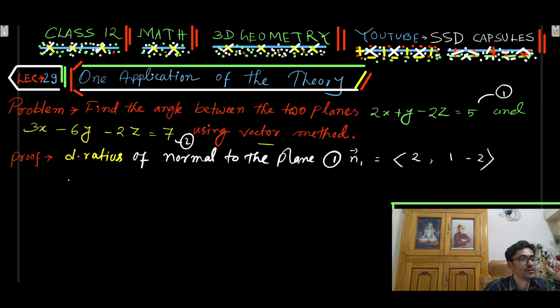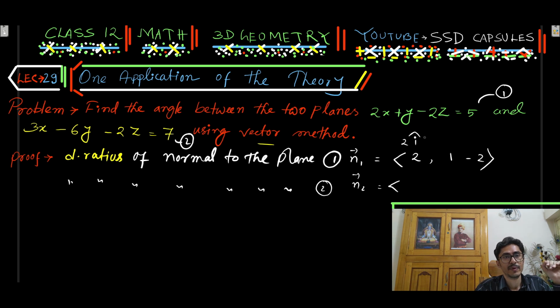Also direction ratios of normal to plane 2, n2 vector. Here I am writing simply the components only. You should write like that: 2 i cap plus j cap minus 2 k cap. Here n2 vector direction ratios are 3, minus 6, minus 2. From the question I have directly written this.